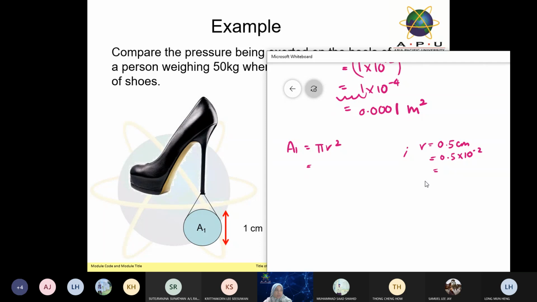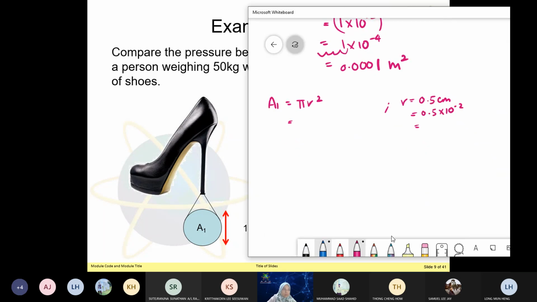Use this, no need the equal some more here. Pi times 0.5 times 10 negative 2, to the power of 2.